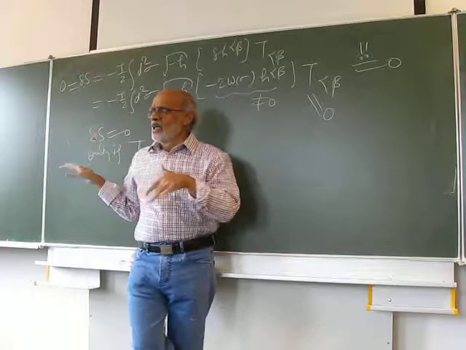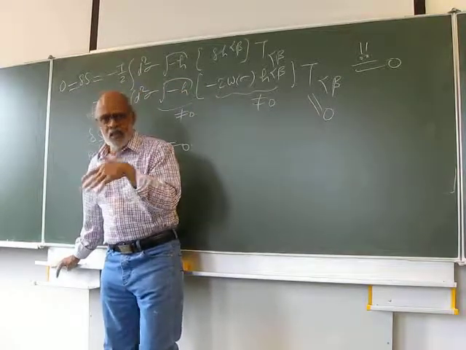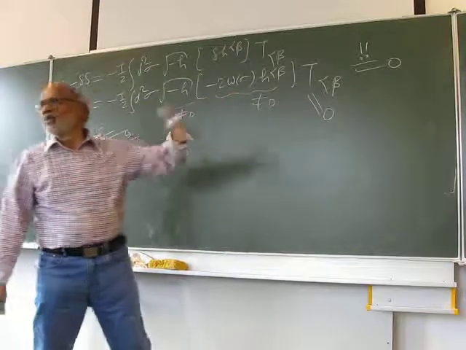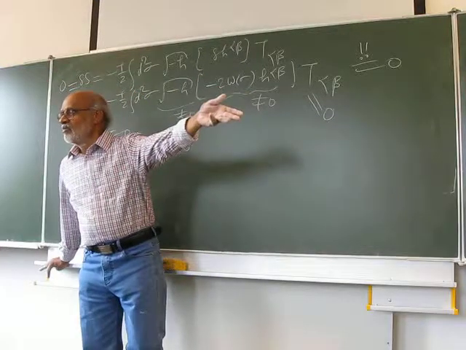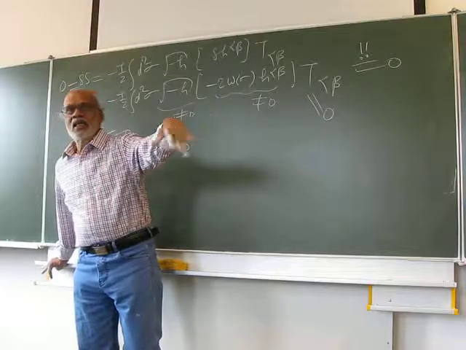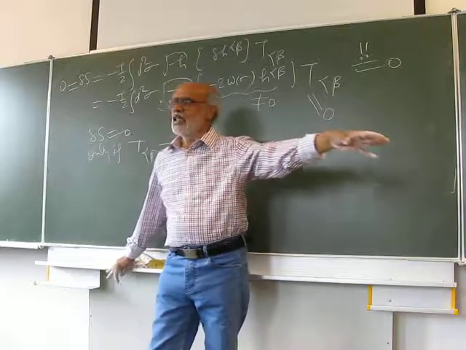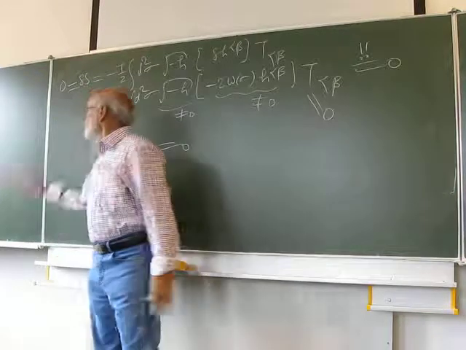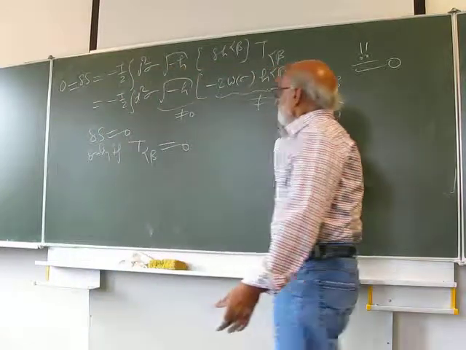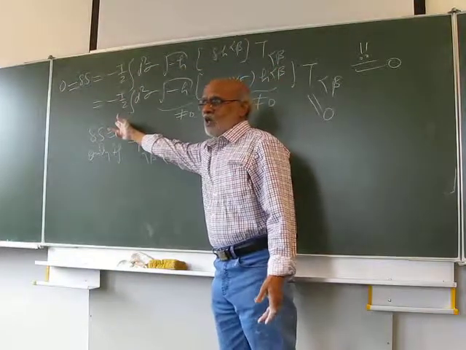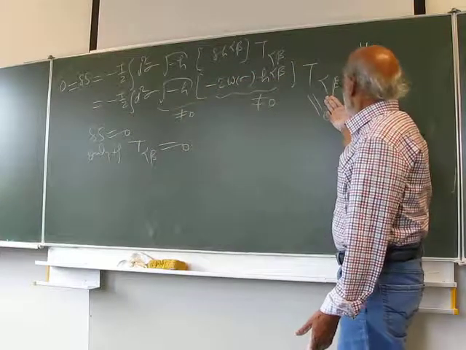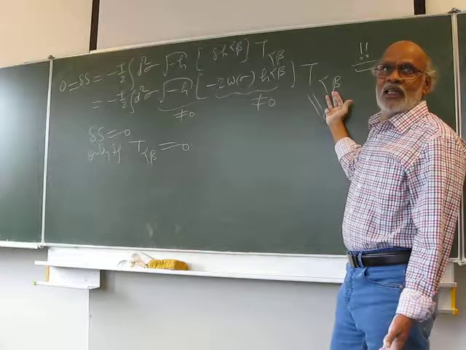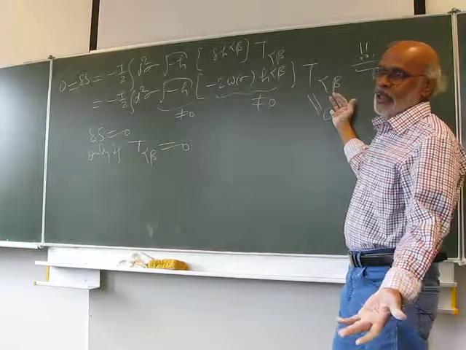We have not yet written down explicitly its various components, which we can do, because once we know its definition we can always write down its values, T00, T01, etc., or T plus plus, T plus minus, etc. But this is a general proof that all these other things are non-zero, so the only guy that can vanish is T alpha beta. So T alpha beta has to vanish.